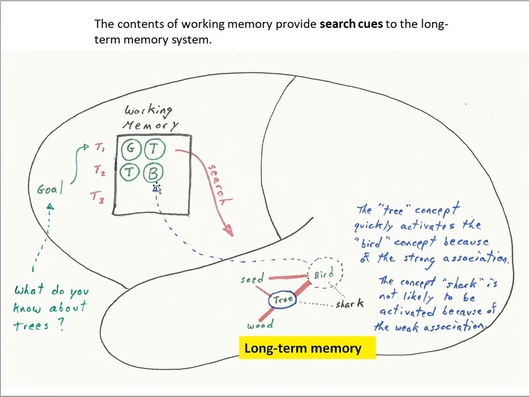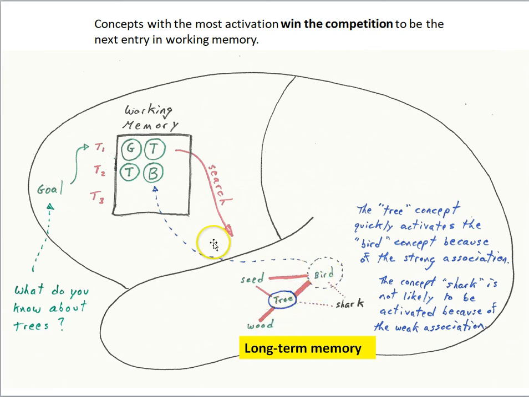at time 2. So time 2, I'm still thinking about trees, but now birds have entered my working memory. Why birds? Because it was strongly linked to the concept tree. And we can think of the bird and the wood here as in competition. Right, so the tree concept may have activated both, but whichever one wins the competition for access to working memory is the one that I will experience in my working memory.